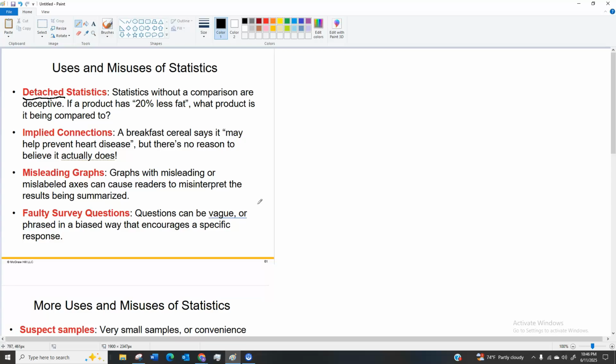Are they comparing it to a prior product that they used to make? Is it a low fat versus their regular product? Is it being compared to typical? Is it being compared to another popular specific product?